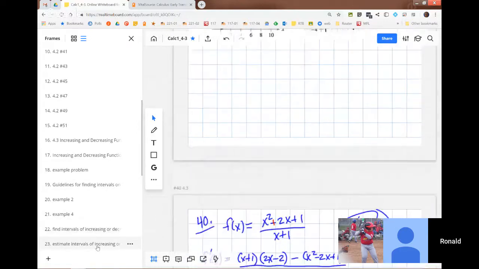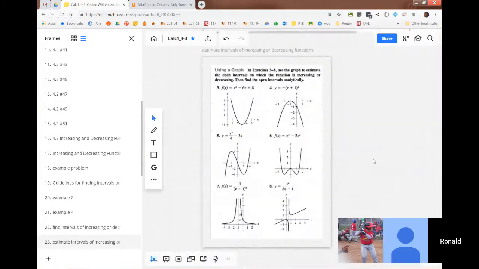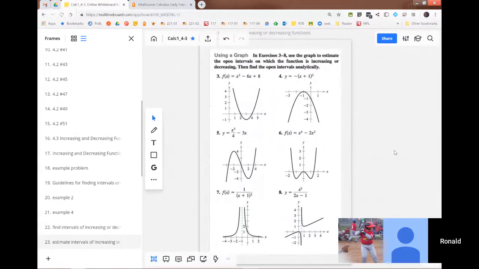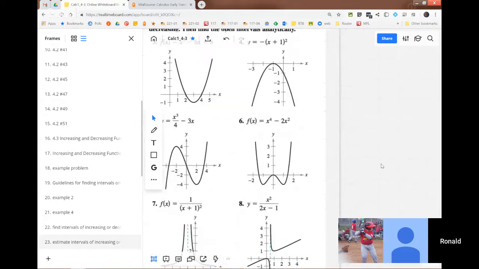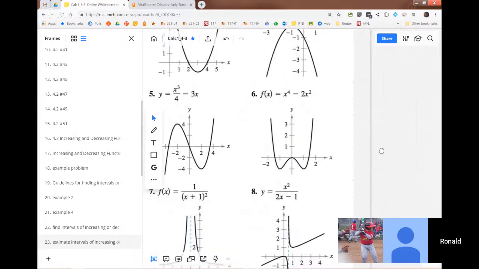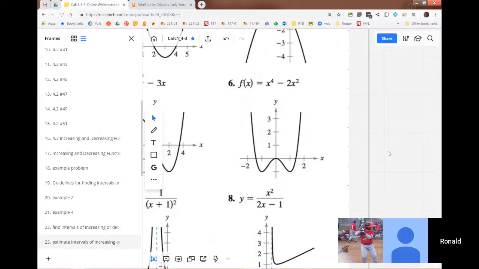All right. 3 to 8 says use the graph to estimate. Graphically it's pretty simple, isn't it? You look at number 6. What would you say would be the intervals of decreasing? -2 to -1.